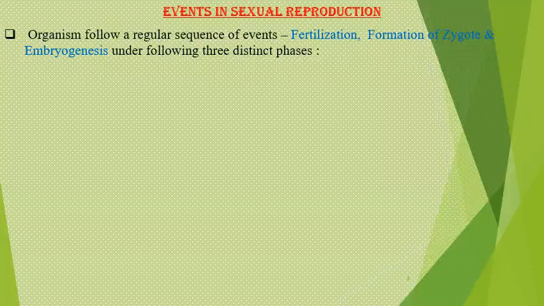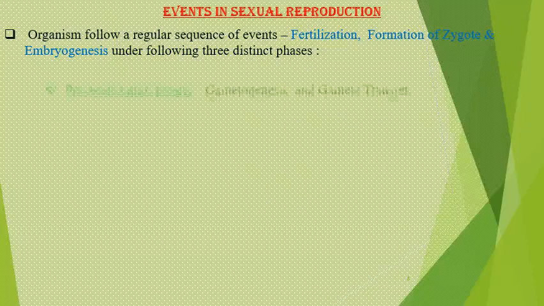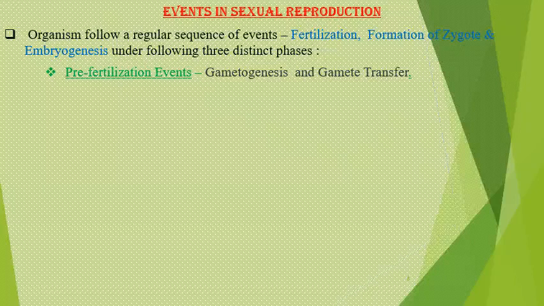Organisms follow a regular sequence of events during sexual reproduction, which starts from fertilization, formation of zygote, and later finishes with embryogenesis to form an individual. These events are categorized under pre-fertilization events and post-fertilization events.